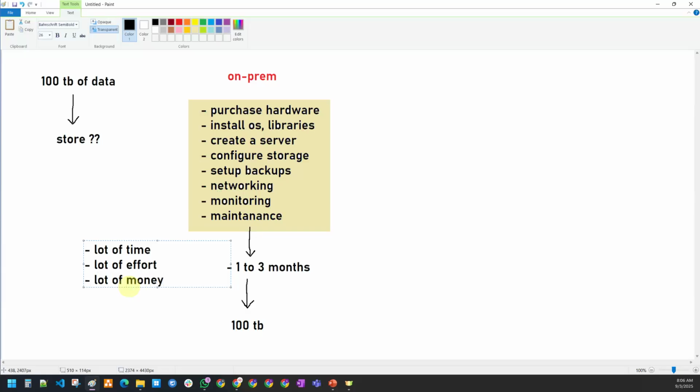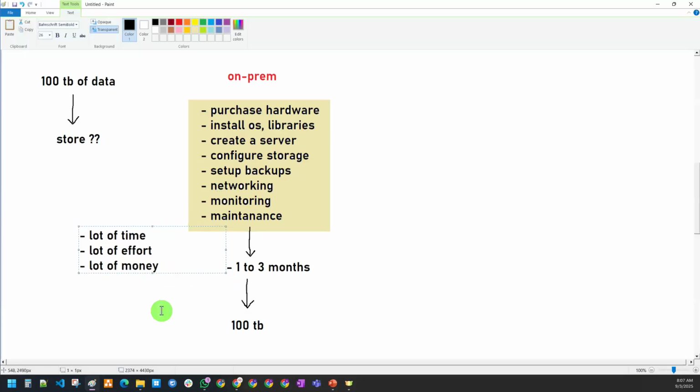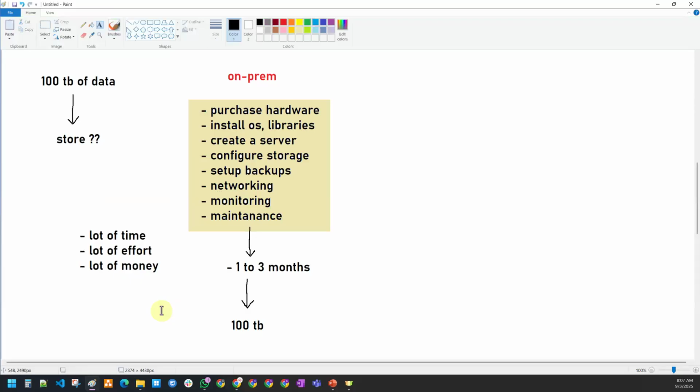Purchasing the machines, recruiting the persons who can configure the storage, backup, networking, cabling, and everything. So when you are following the on-premises or traditional methodology, you are going to spend a lot of time, money, and effort. That's the reason most of the companies nowadays are not following the traditional methodology or on-premises environments.